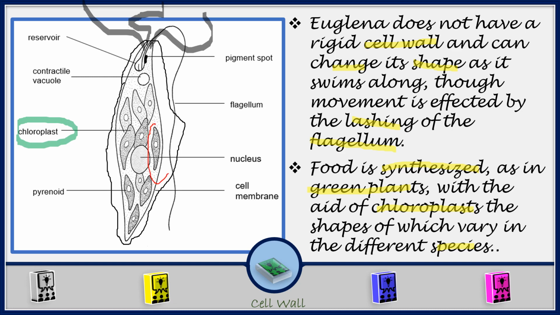It has very many chloroplast pigments all over its cytoplasm. And it is those chloroplasts that are responsible for carrying out photosynthesis, which leads to synthesizing of its food, the way green plants do it. But the shape of the chloroplast varies depending on the type of the species.